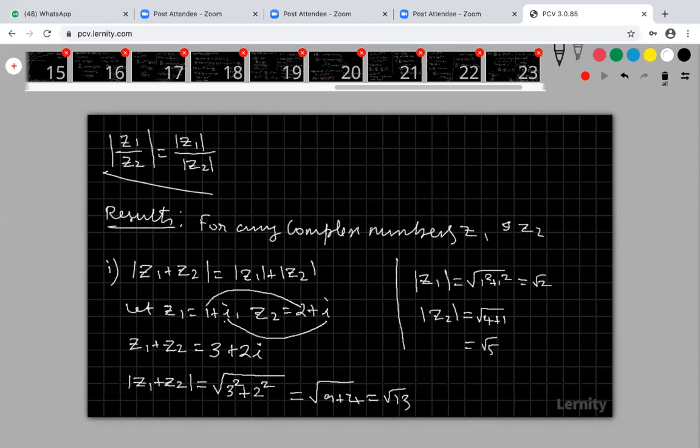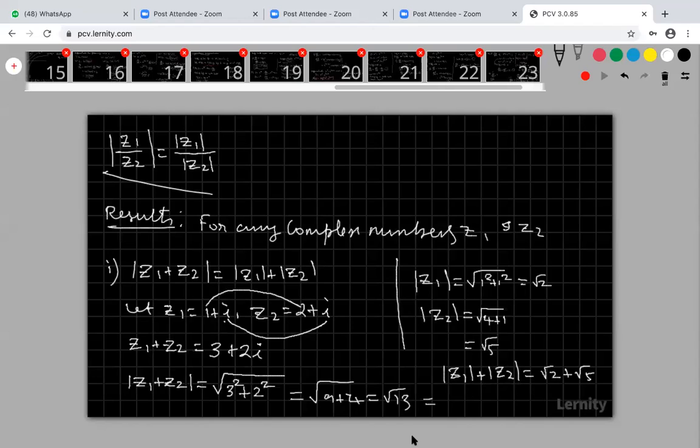So what is modulus of Z1 plus modulus of Z2? This is root 2 plus root 5. What about the value of root 13? How to find it?